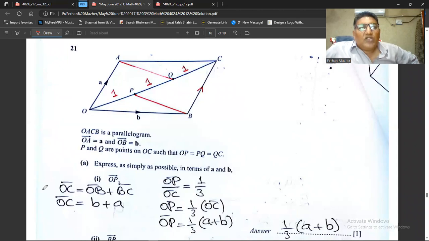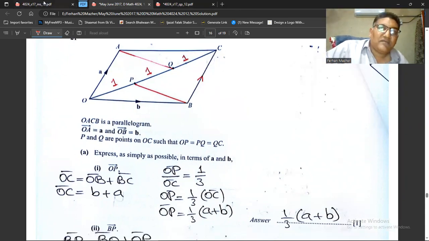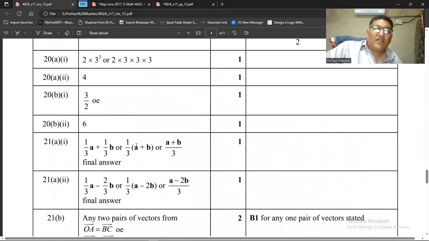Now the ratio OP is 1 and OC in ratio is 3. So OP is 1 by 3 of the OC. And I know the value of OC, so OP is equal to 1 by 3 of (a plus b). Now I know the value of OP. That is 1 by 3 of (a plus b). That is the right answer, sir.